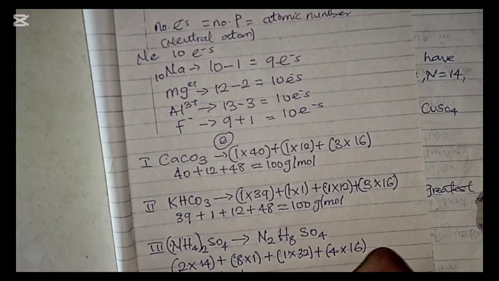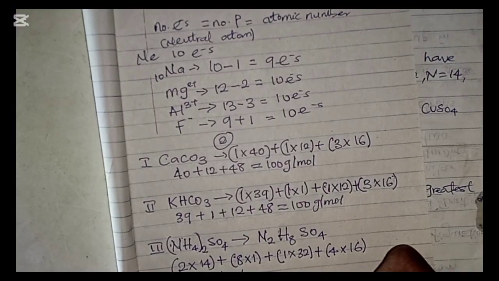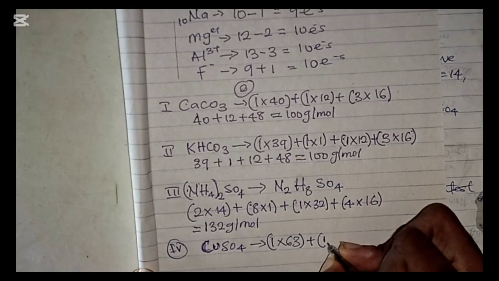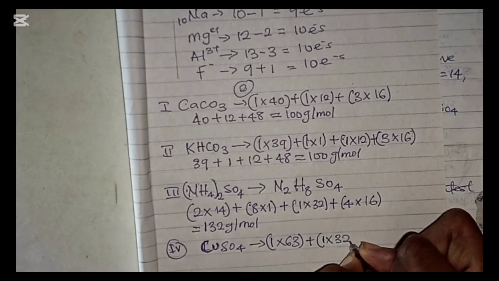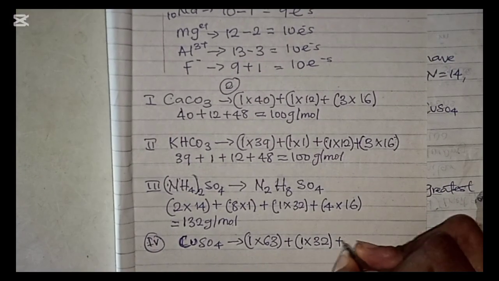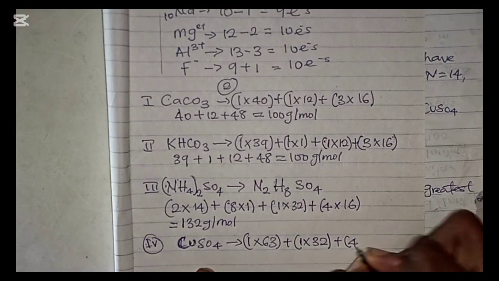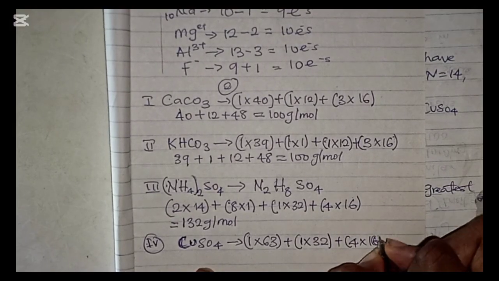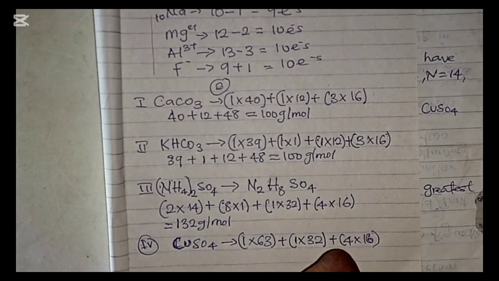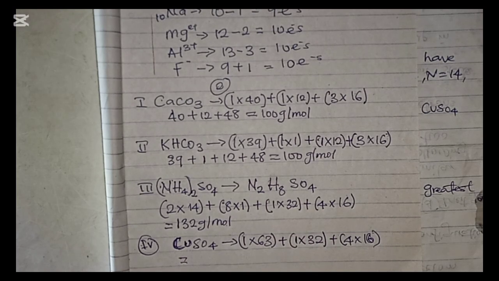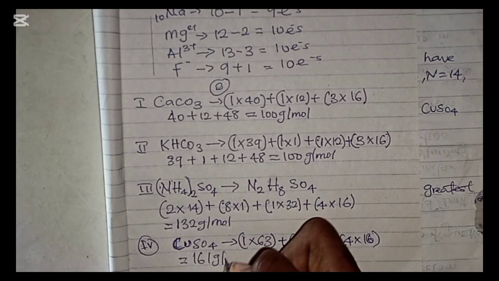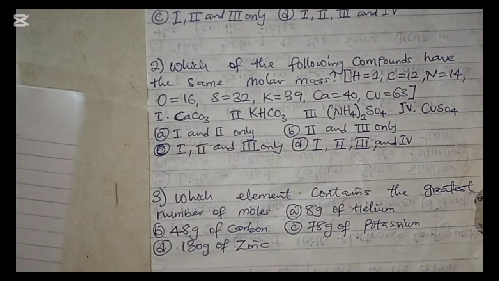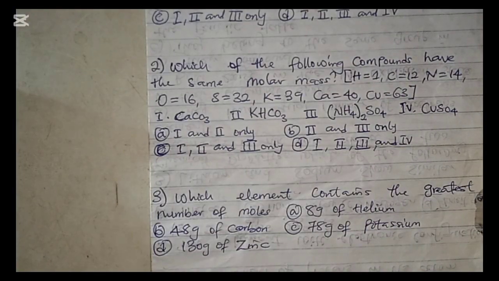So we have 63 plus sulfur, how many atoms here? 1 times the relative atomic mass, we looked at it, 32, plus oxygen, which is 4 atoms times 16. So we already have a hang of it now. You sum all of these together, we would have 161 grams per mole.